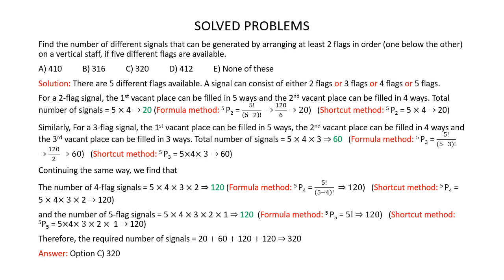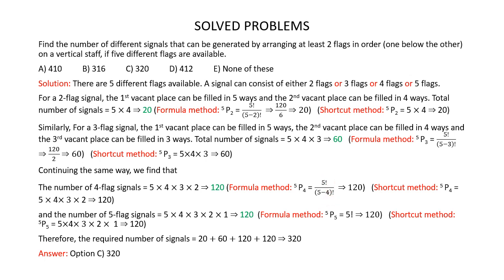Continuing in the same way, we find that the number of 4 flag signals is 5 multiplied by 4 multiplied by 3 multiplied by 2, which is 120. Using the formula method, it will be 5p4, which is 5 factorial divided by 5 minus 4 factorial, which is nothing but 5 factorial divided by 1 factorial. 1 factorial is 1.